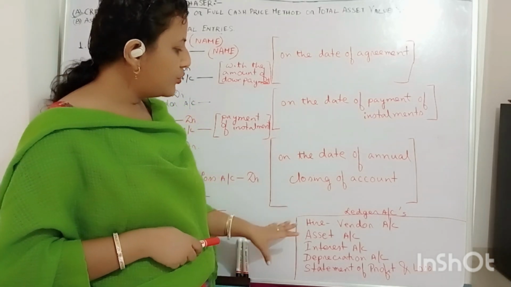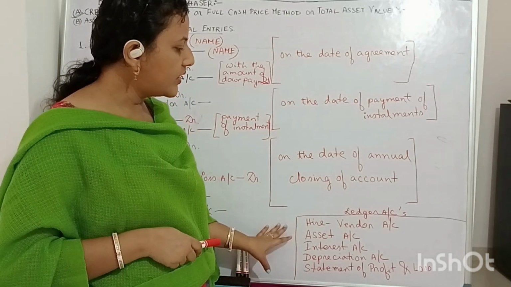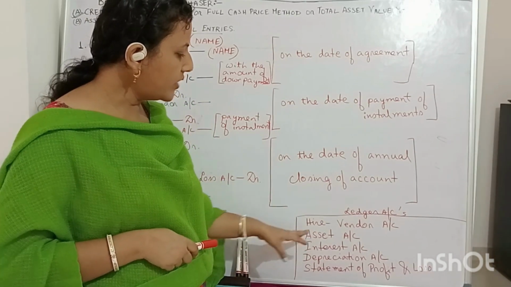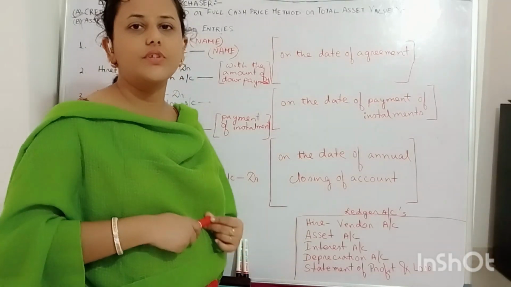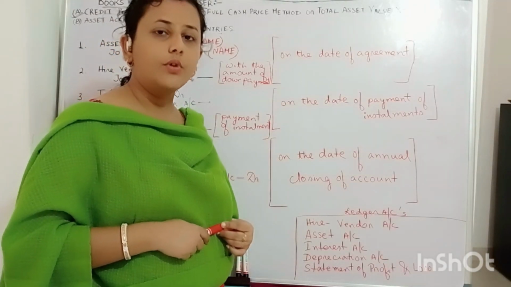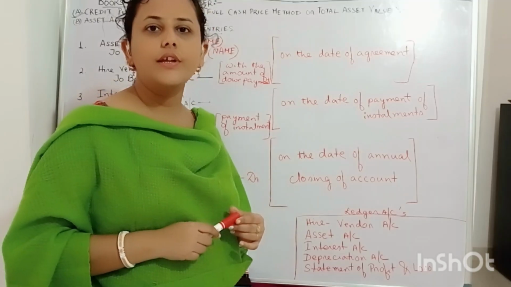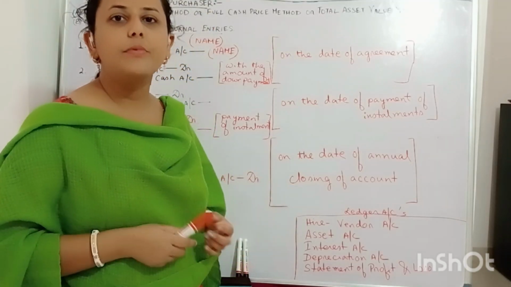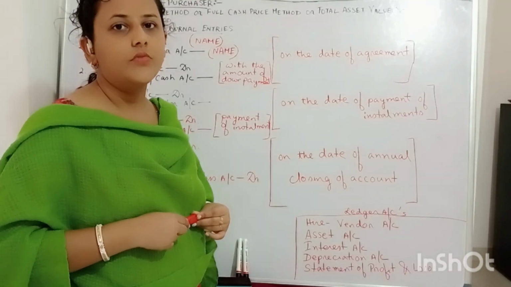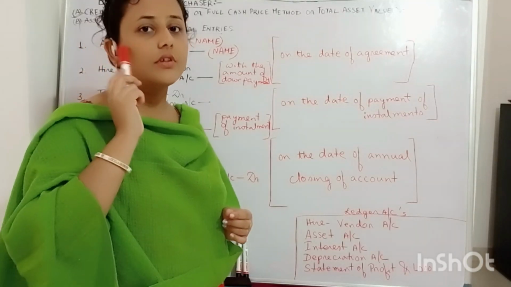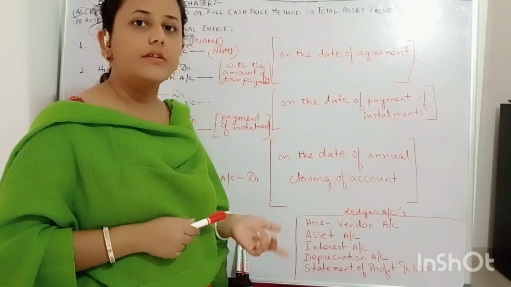After passing the journal entries, or it may be asked in the question directly to prepare the asset account. So you have to keep the journal entries in your mind to prepare the asset account.